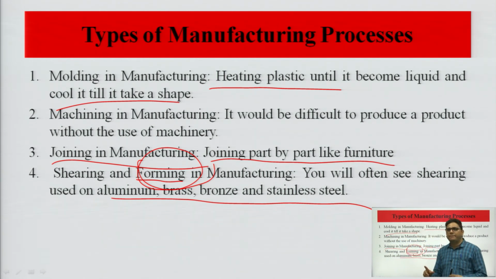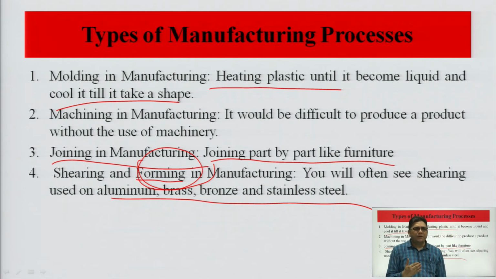I repeat them. Molding: you take a material, heat it until it becomes liquid, and then put it into a shape, and then your product has been made. Machining: in the process of manufacturing, we use many machines so that the product takes a certain shape, and it is difficult without machinery.